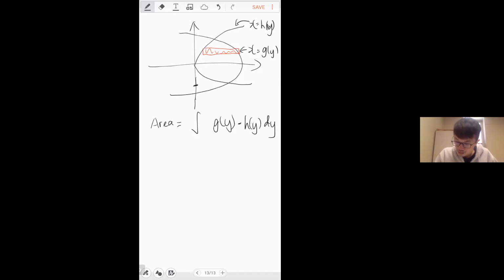The lower limit would be this point here, and the upper limit would be this point here. Let's call them c and d. And so the integral will become c to d. Questions?